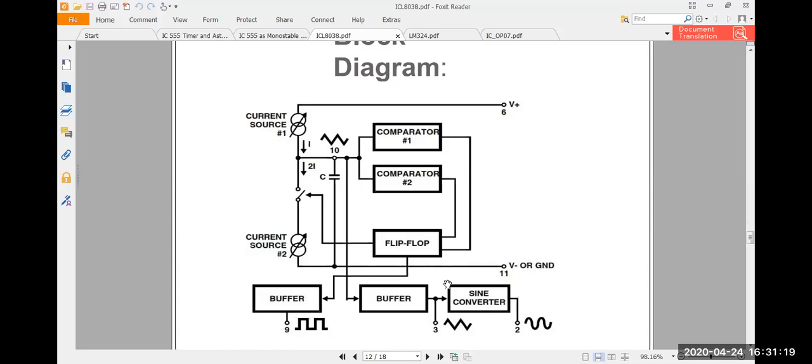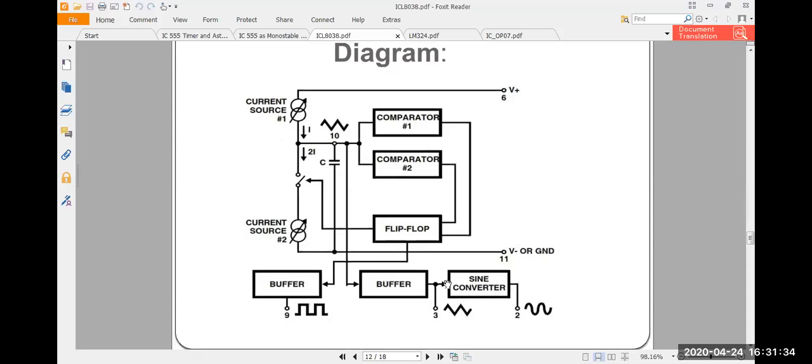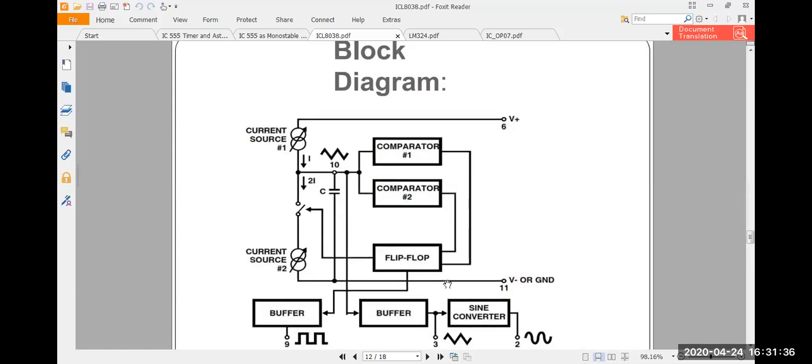Here we have used two current sources, two buffers, and one sine converter. So you can see it can generate a square wave, a triangular wave, and a sine wave. So this is as far as the block diagram of IC 8038 is concerned.